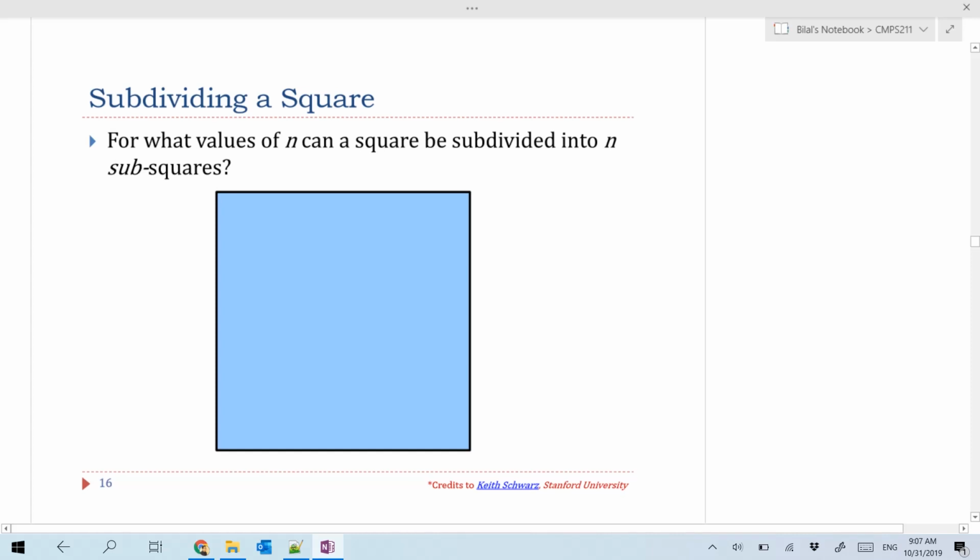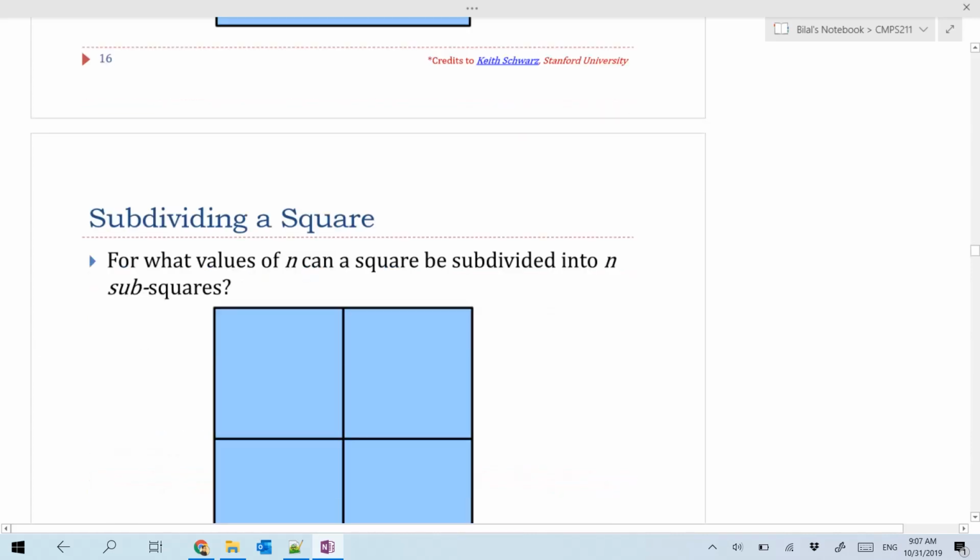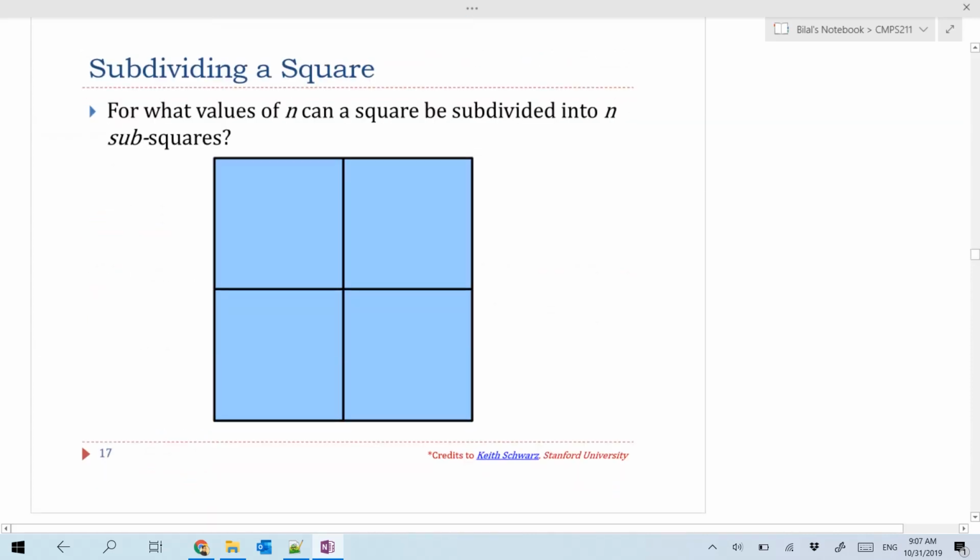So the typical example is this decomposition into four different squares. Can we split the original square into two squares? We can use diagonals to split it into two different geometrical shapes, but they won't be squares.